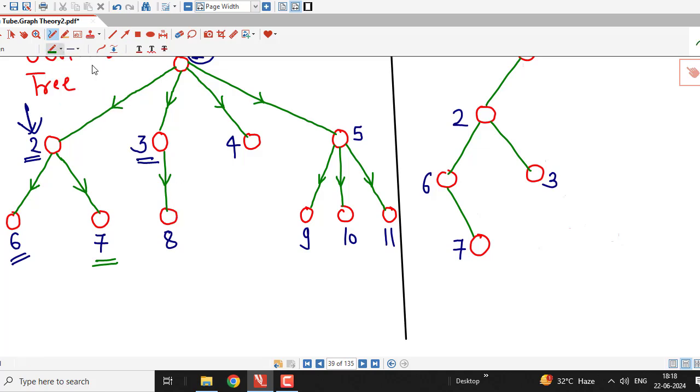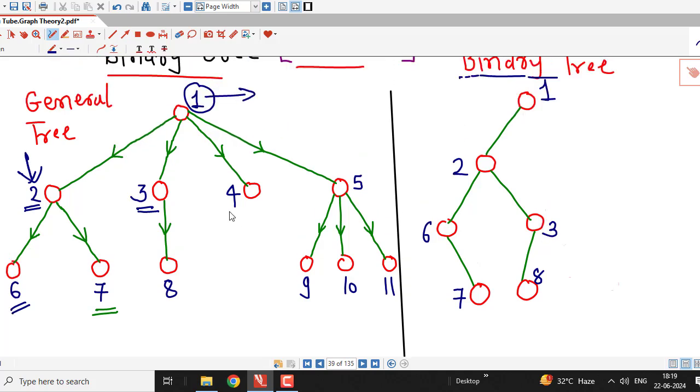So therefore we will join 3 with 8 here, 3 and let me write 8 here. 8 is the left child of 3 because 8 is the leftmost child of 3 in general tree. Now right child of 3 is nothing but right sibling of 3 in general tree. So right sibling of 3 is 4. So here we will join 3 with 4.